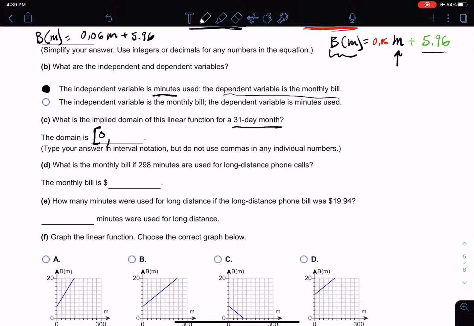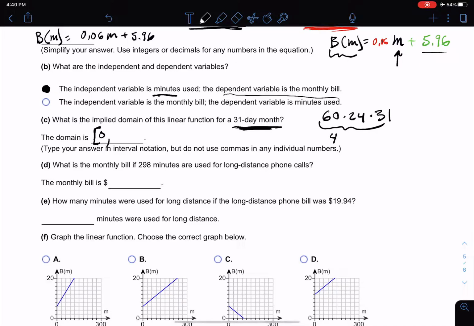But anyways, how many minutes are in an hour? 60. How many hours are in a day? 24. So 60 times 24 is how many minutes you can talk on the phone per day. And they're telling us this is a 31-day billing statement. So how many days in that month? 31. If you multiply all 3 of those, that gives you the maximum amount of minutes you can possibly talk on this phone without sleeping or anything else, which is a little ridiculous. But anyways, that is the max.